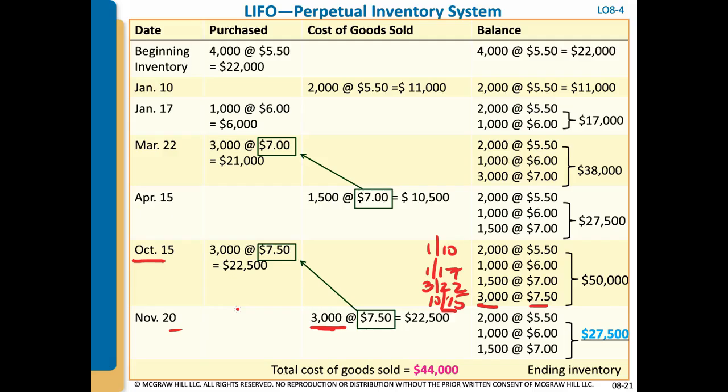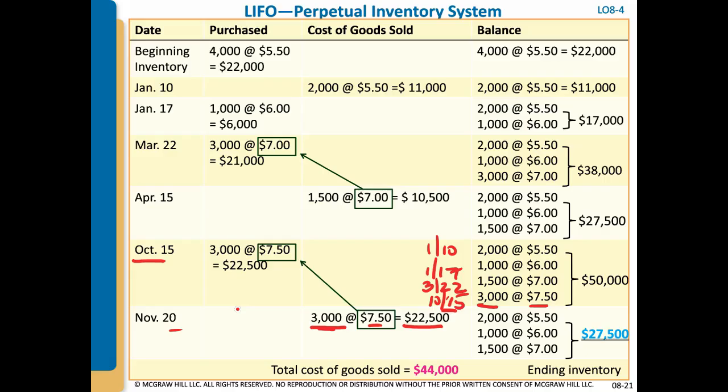Because it's last in, first out, my most recent acquisition is going to be the first one allocated to cost of goods sold. So I take 3,000 units sold and allocate a price to them of 7.50. So my cost of goods sold for those units sold is 22,500. Then I have to calculate my ending inventory.